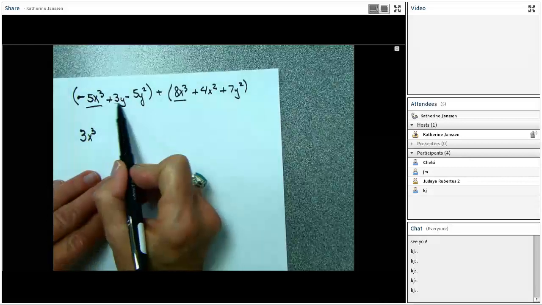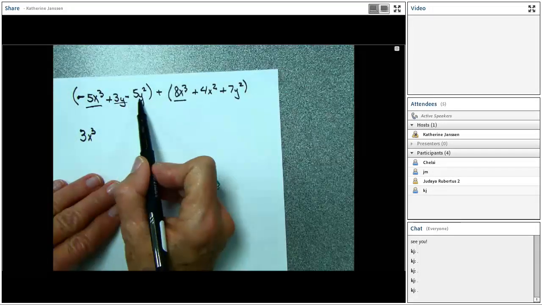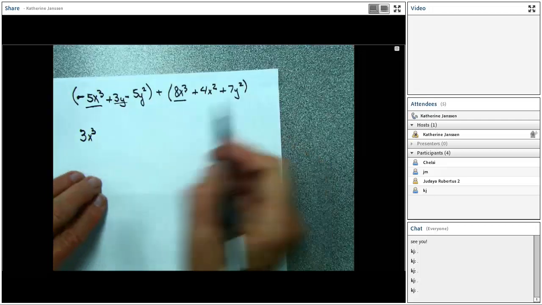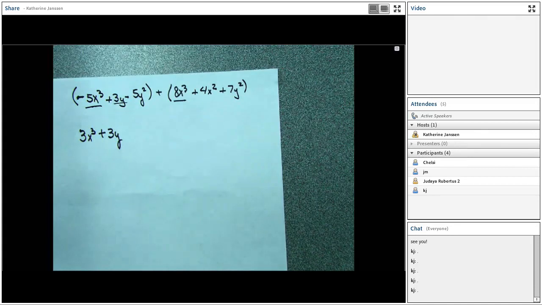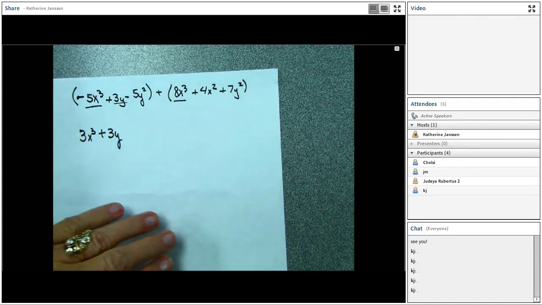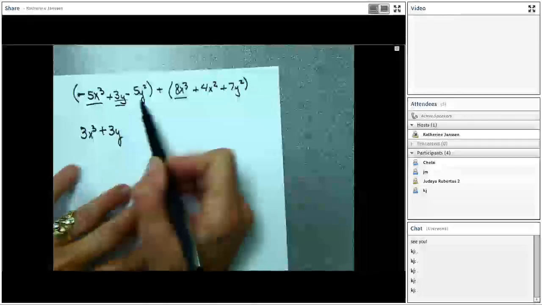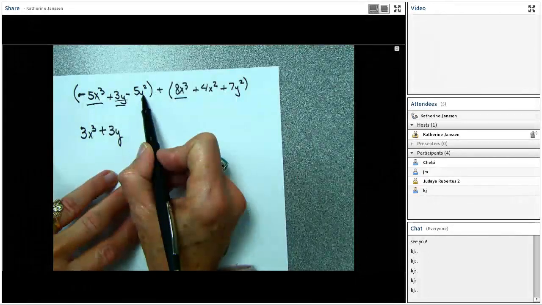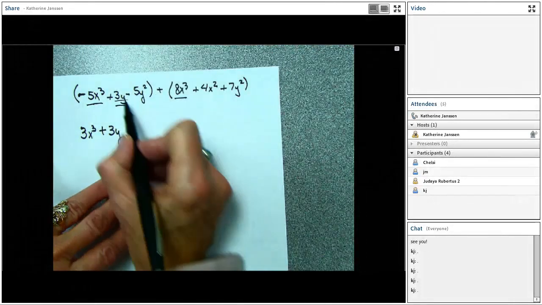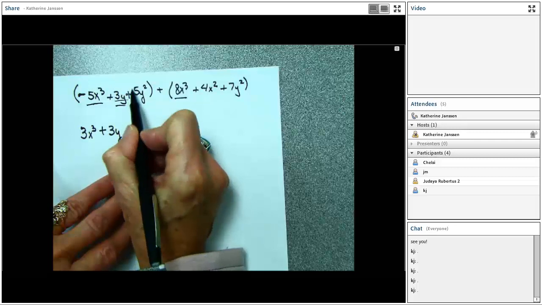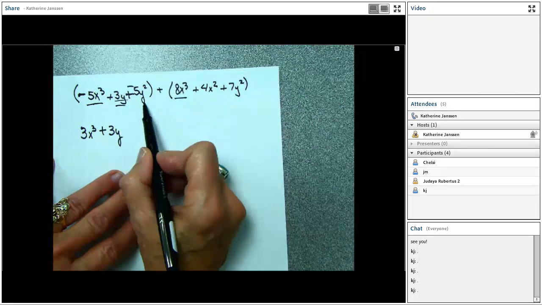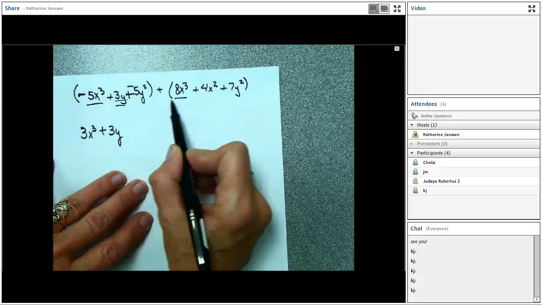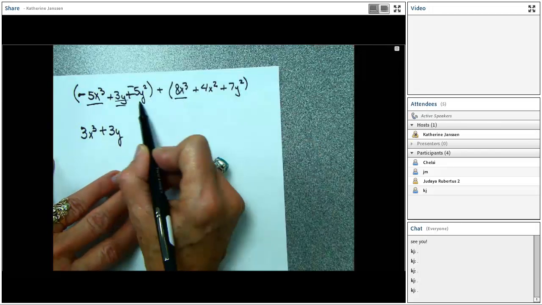My next term is a y to the first degree. There are no other y to the first degree terms. I next have a y squared term. I'm going to change subtraction to addition and add the opposite, so I know I have a negative 5y squared. I'm looking for other y squared terms.